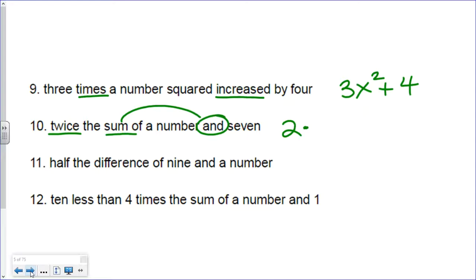So what should come next? Okay, now, I have an issue here. I told you to smush these together, didn't I? Right? But this says twice the sum. How many things does the sum have in it? 2. So how do I keep those 2 things together? Parentheses. So instead of this little dot right here, it's going to look like that.